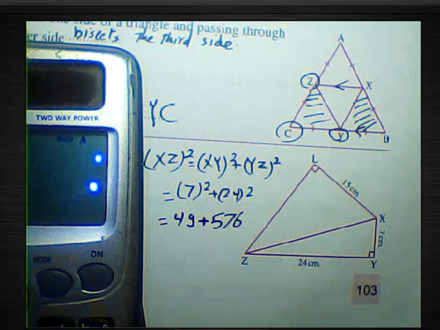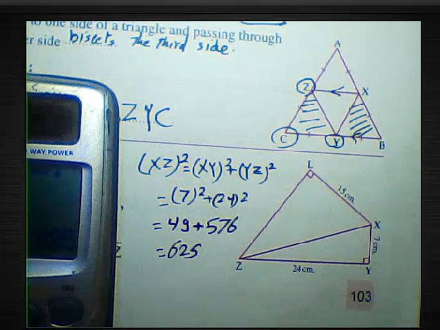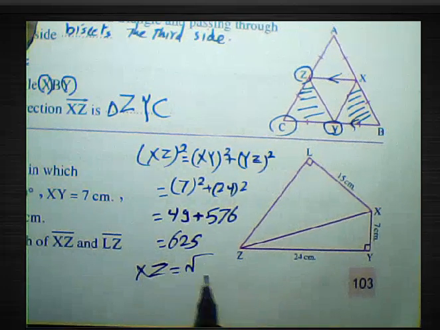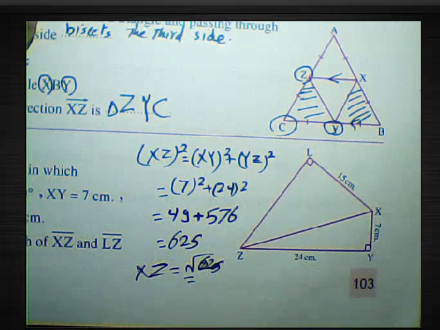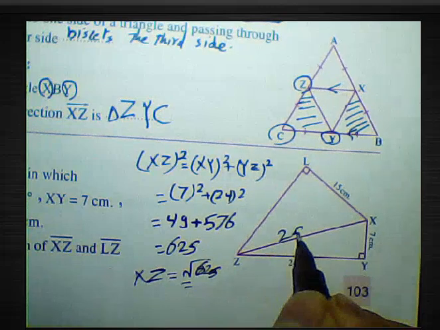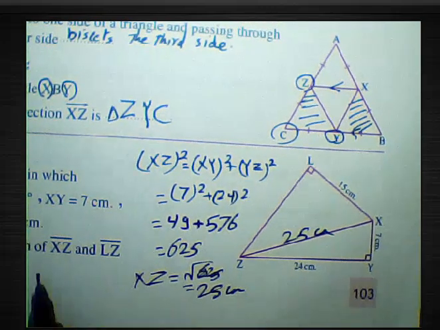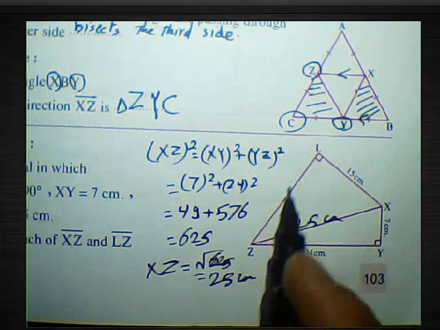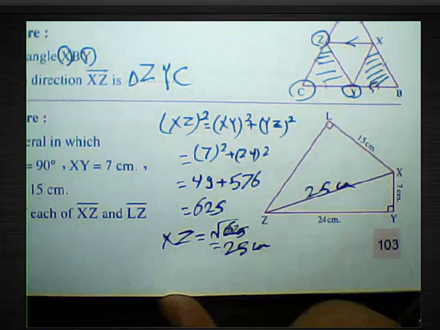576. We can add it to 49. The result will be 625, and then XZ will be the square root of 625. It will be 25 centimeters. And the length of LZ, we can find it from triangle LYZ.